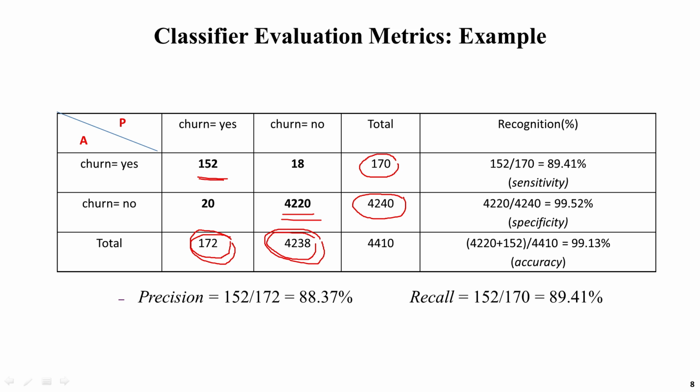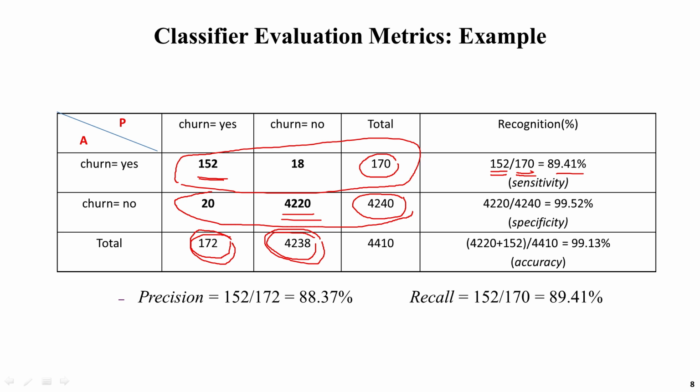So from those we can compute the sensitivity, which is true positive divided by the total number of positive, and you get roughly 98%.